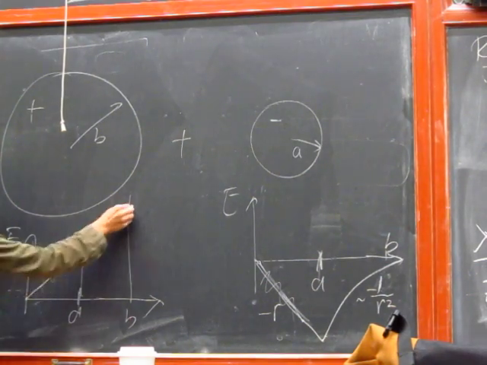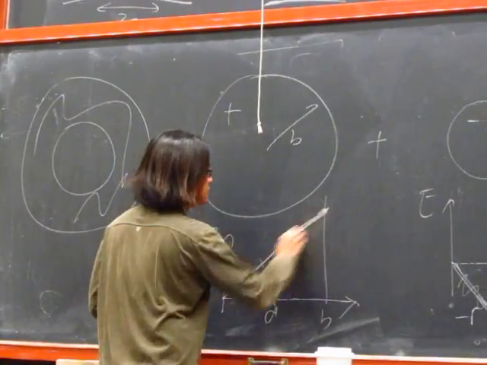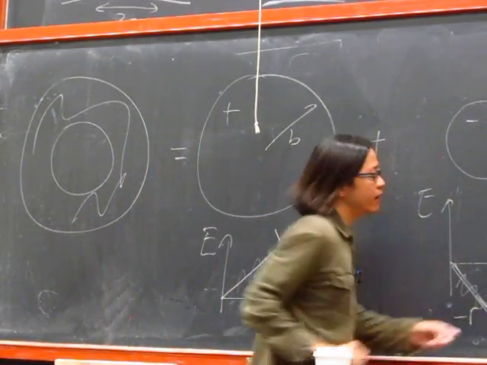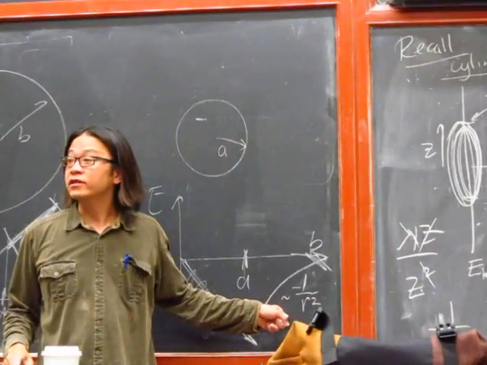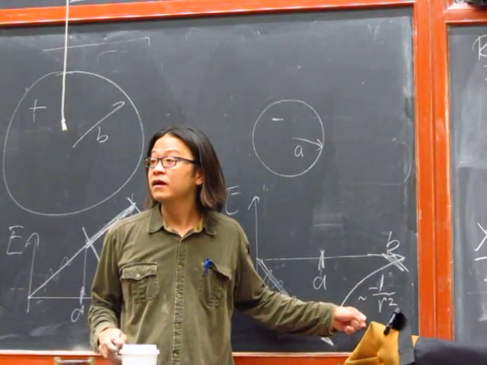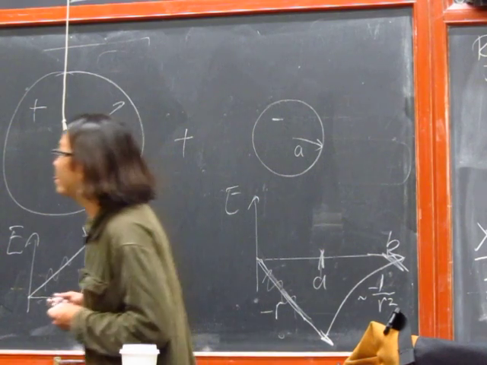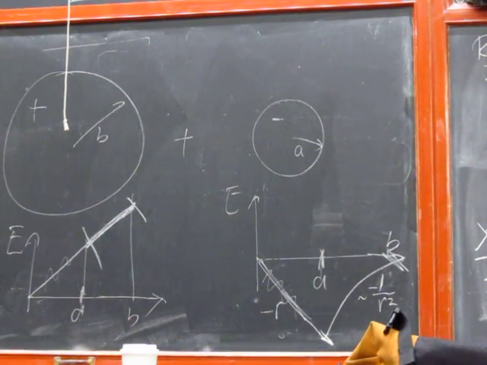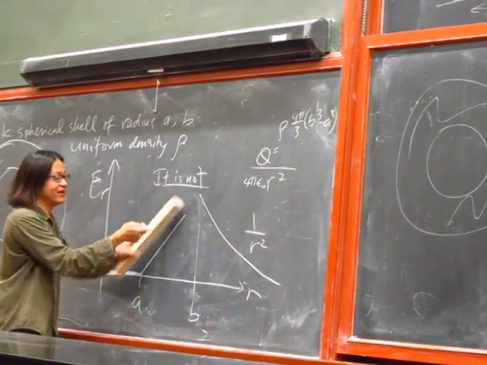One of them is linear. This part is this part here, and then you add that one with the same density. So you get something more like this. This is wrong, right?